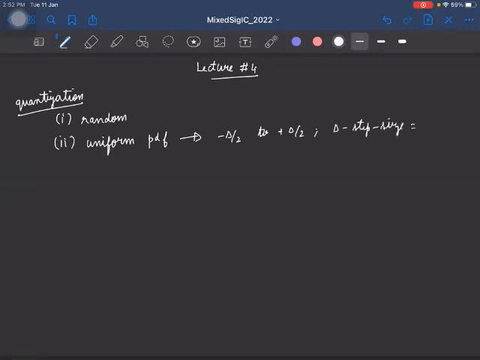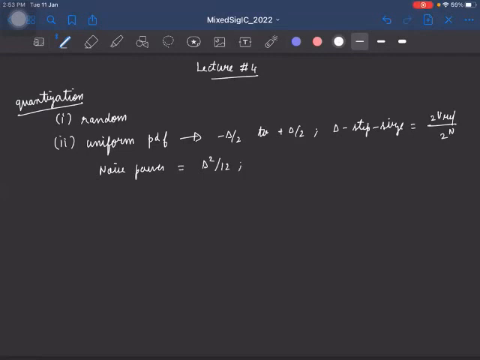And if the allowed voltage values are from minus Vref to plus Vref, this step size is in turn equal to 2 Vref by 2 power n, right? Where n is the number of bits. We also saw that we can calculate the quantization noise power or the variance to be equal to delta square by 12.